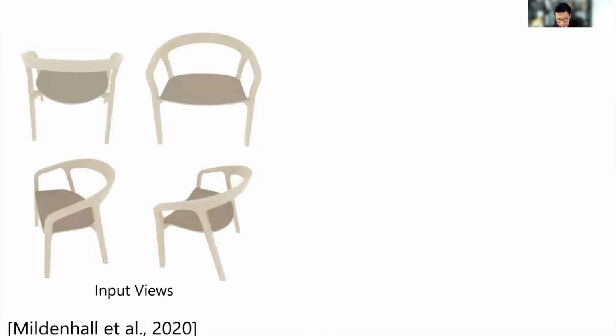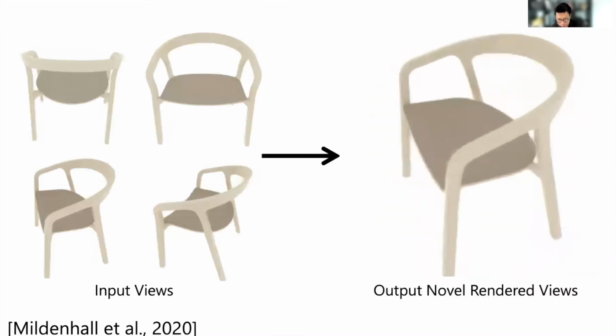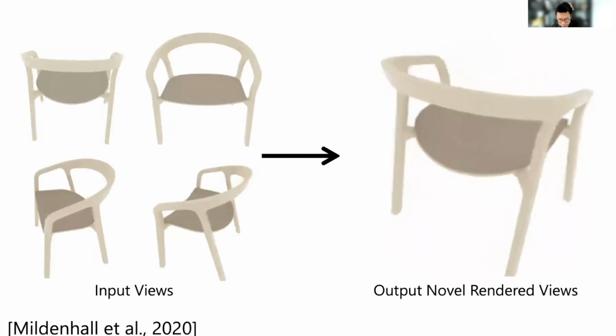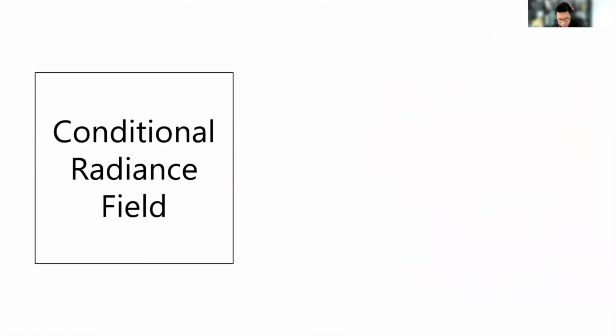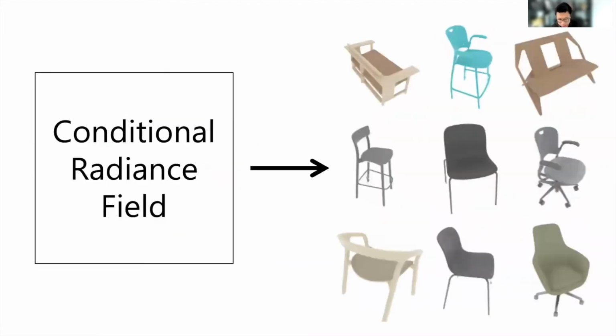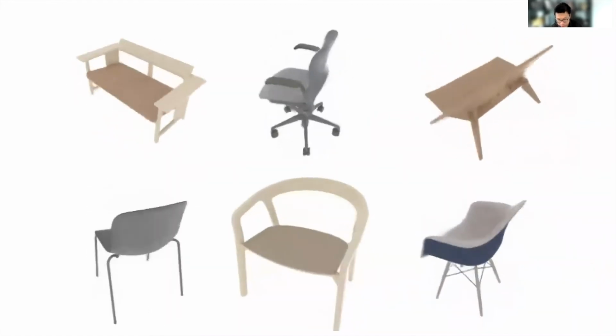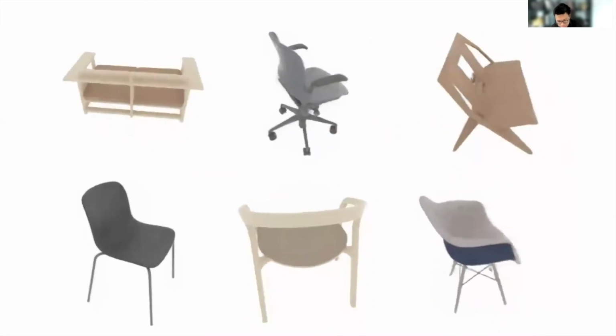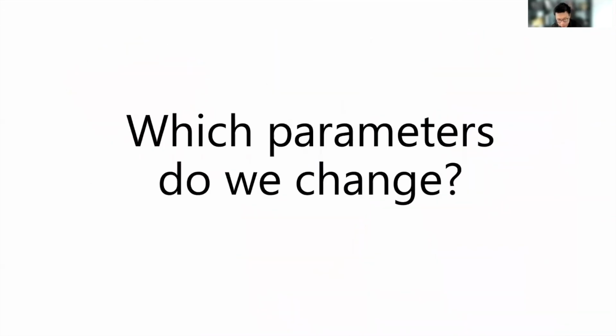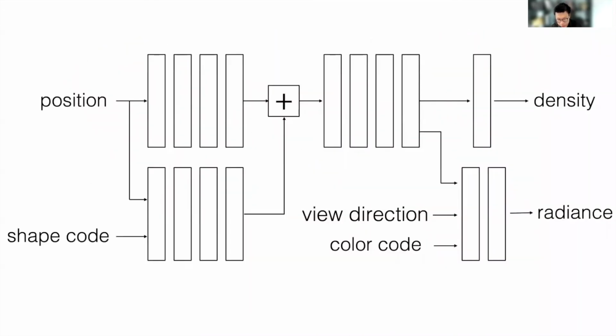For example, we apply this idea to the NeRF model, which is trained on multiple views and tries to create new views. We have a model called conditional NeRF, which can produce samples of different chairs. This model has both a shape code and a color code, and each affects the shape and color of the chair.